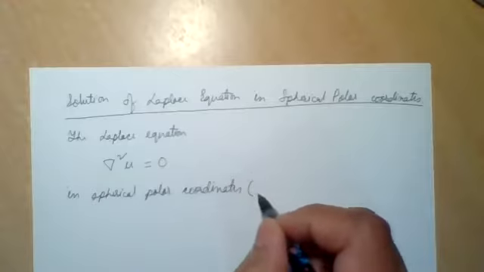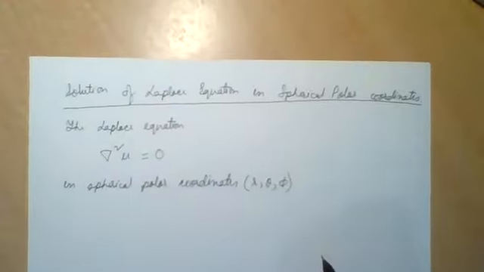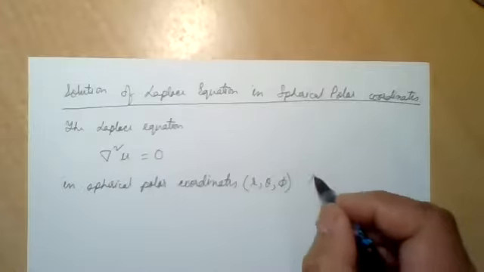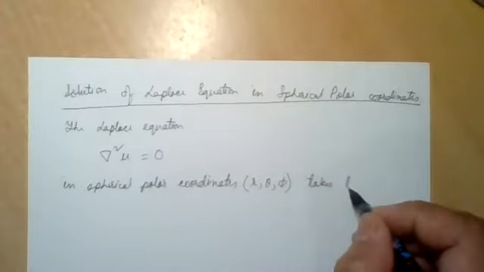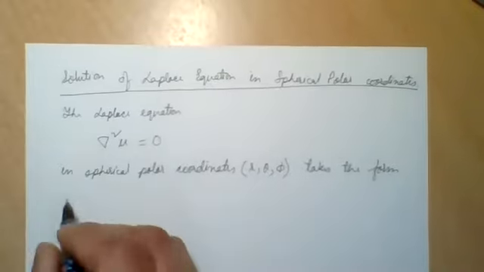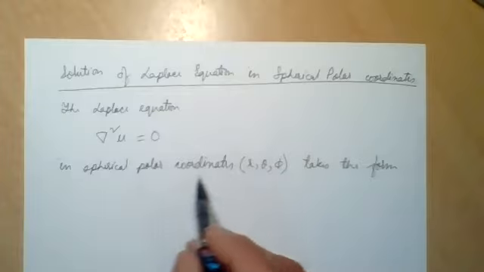In spherical polar coordinates, there is r, theta, and phi. These are the spherical polar coordinates. That is the Laplace equation when it is written in spherical polar coordinates.